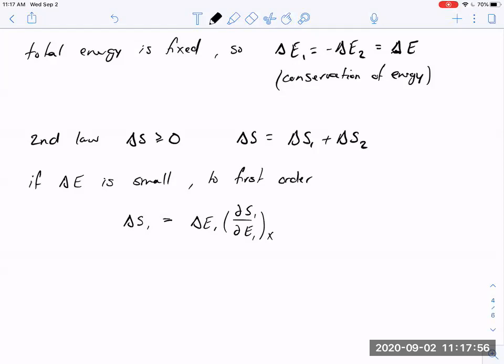The entropy is a function of the energy and mechanical variables. If the energy changes by an amount delta E, if delta E is small, there will be a corresponding change in the entropy that goes like delta E times how the entropy changes with energy.